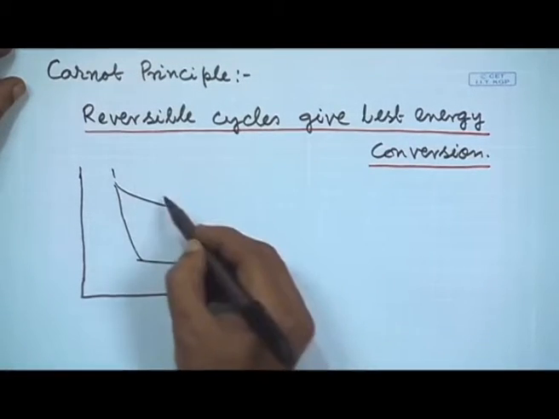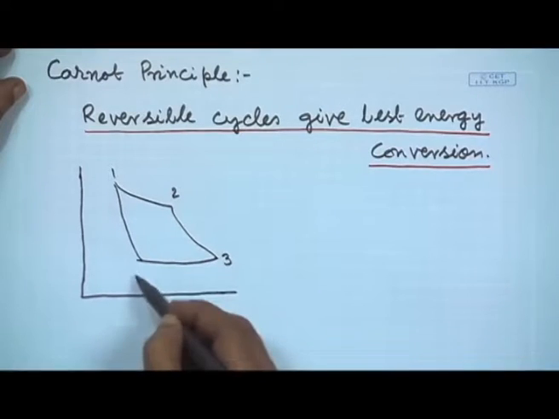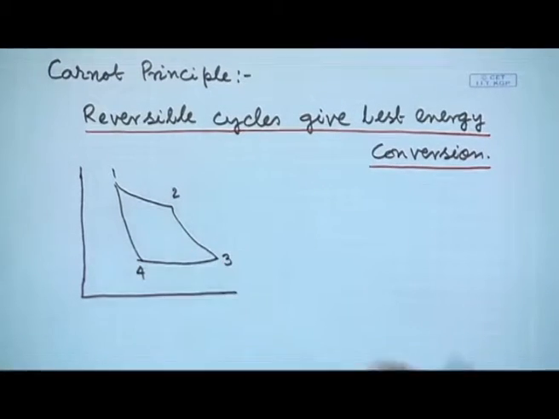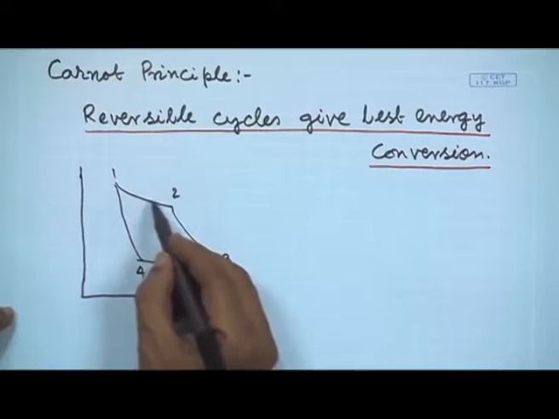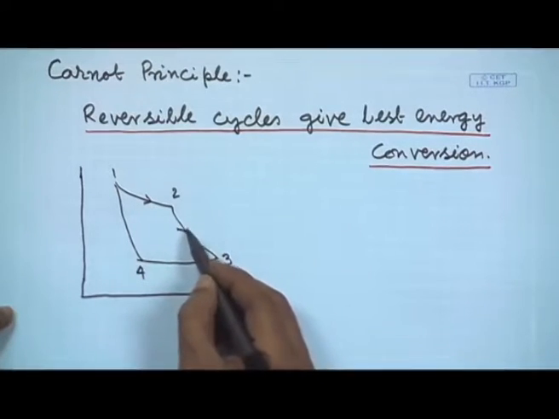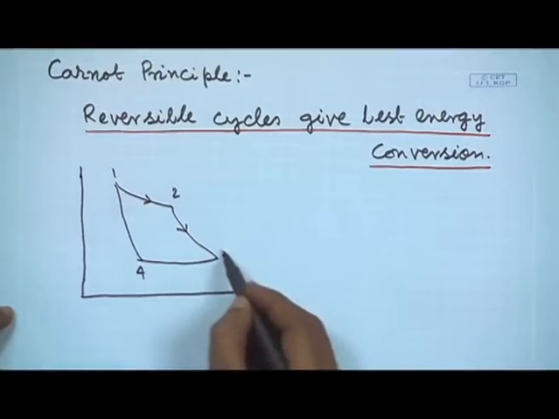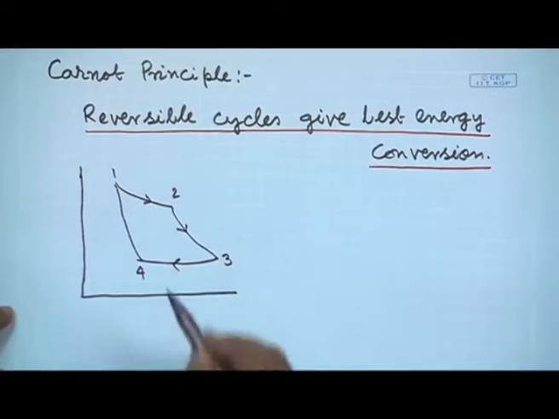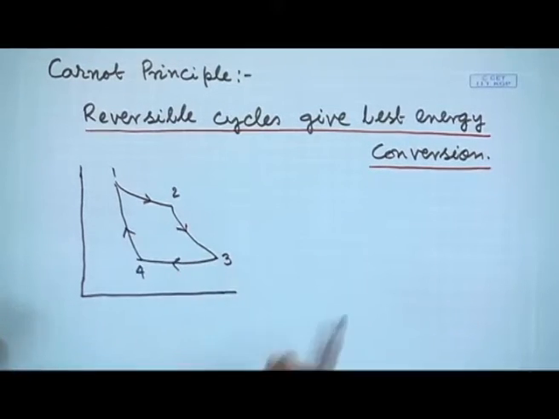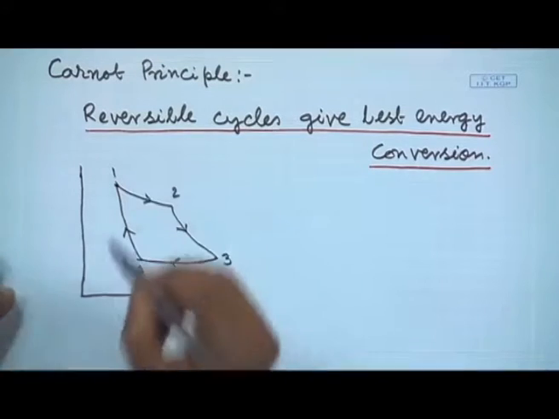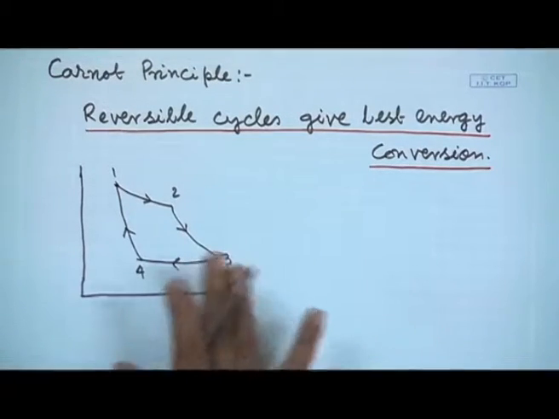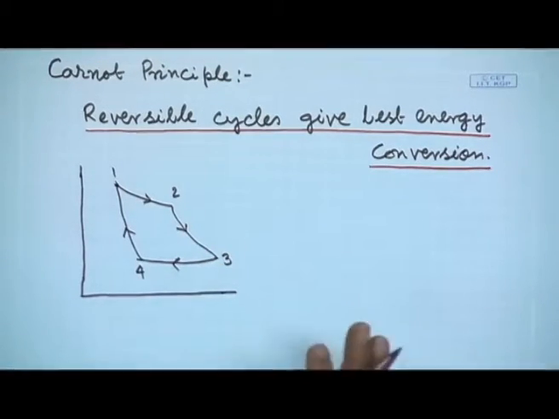There are a number of processes, so 1, 2, 3, 4. There are 4 processes: 1 to 2 is one process, 2 to 3 another process, 3 to 4 another process, and 4 to 1. So, if we start from point 1, we are coming back to point 1. So, this is a cyclic process or a cycle.